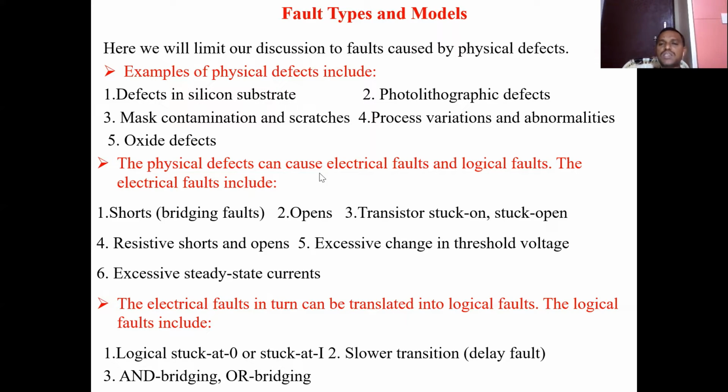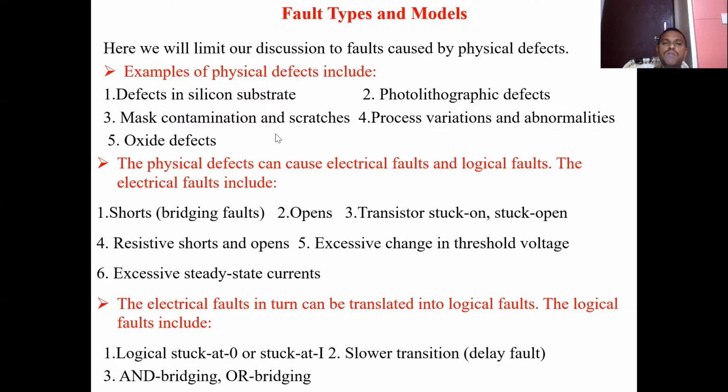Those physical defects can cause electrical faults and logical faults. We will see the electrical faults one by one. So I have mentioned the physical defects here: defects in silicon substrate, photolithography defects, mask contamination and scratches, process variation and abnormalities, and oxide defects.